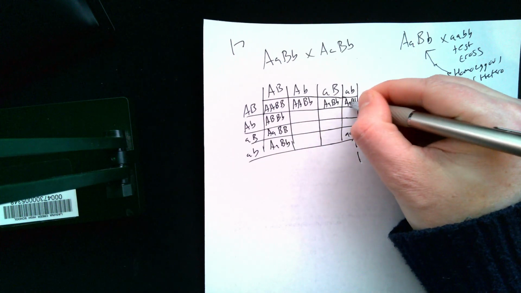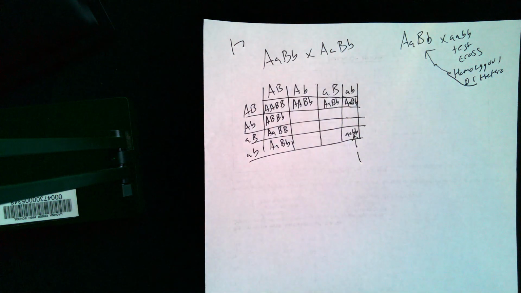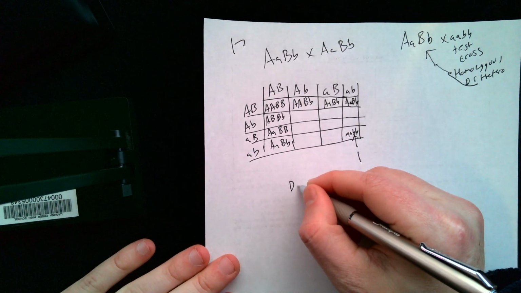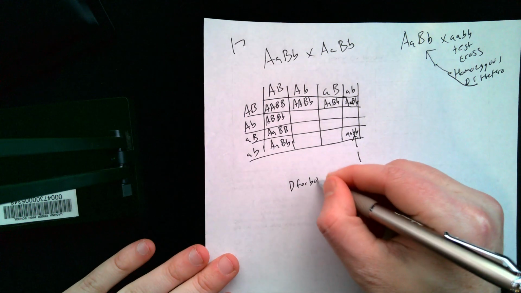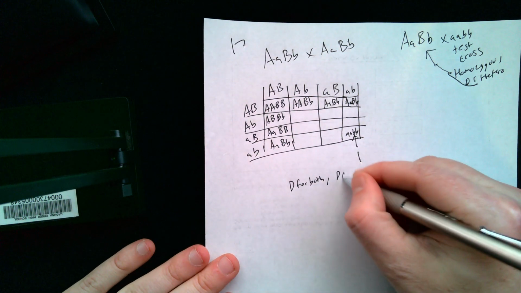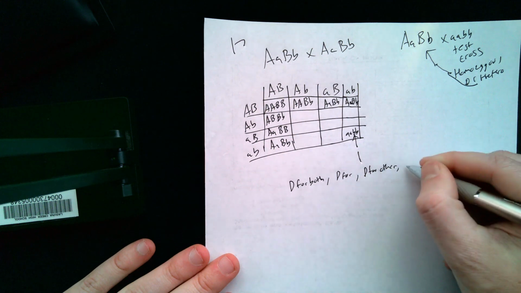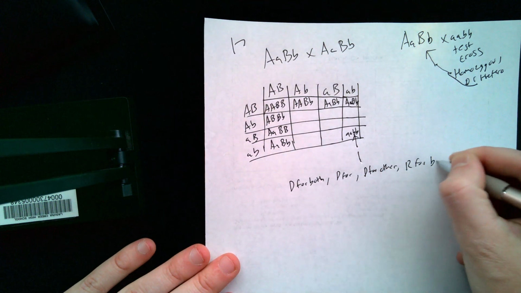When we do dihybrid crosses, we pretty much only care about the phenotype ratios. And so we have dominant for both, dominant for one, dominant for the other, and then recessive for both are what we have here.